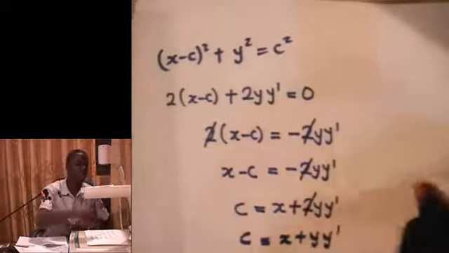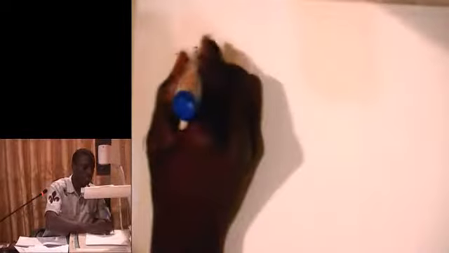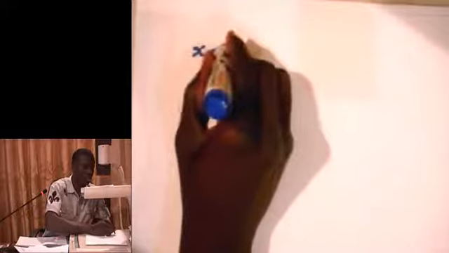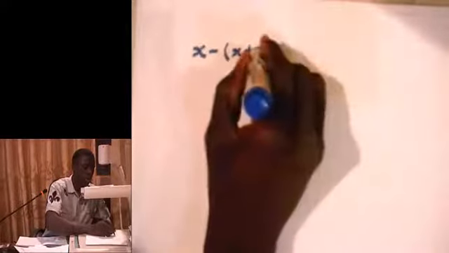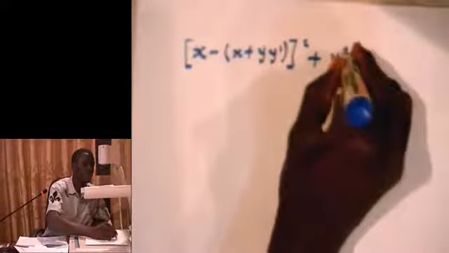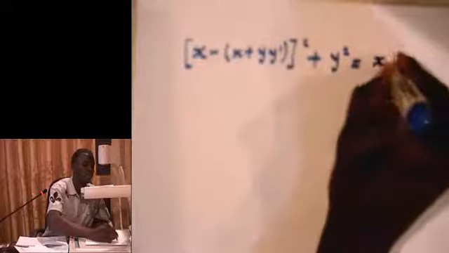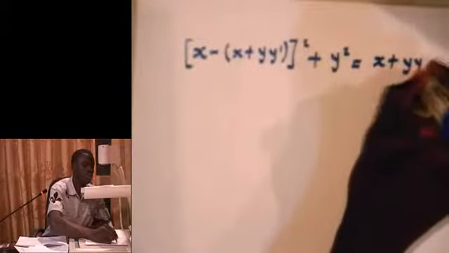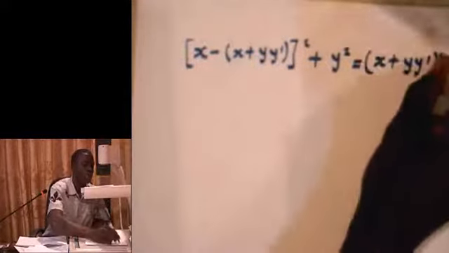So we substitute the value of c into the main equation given. So what do we have? (x minus (x plus y y prime)) squared plus y squared equals (x plus y y prime) squared.